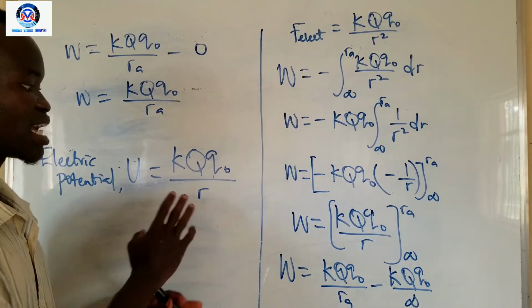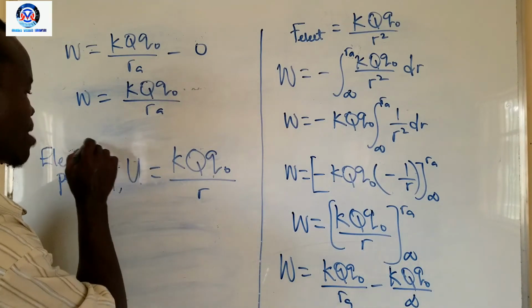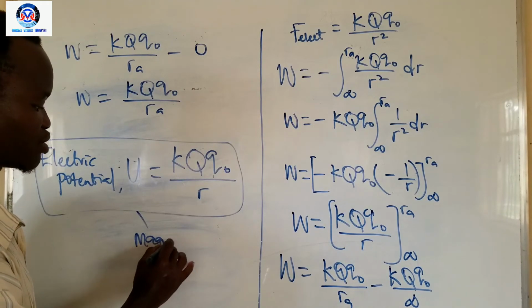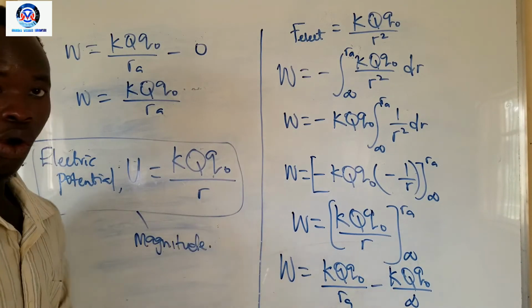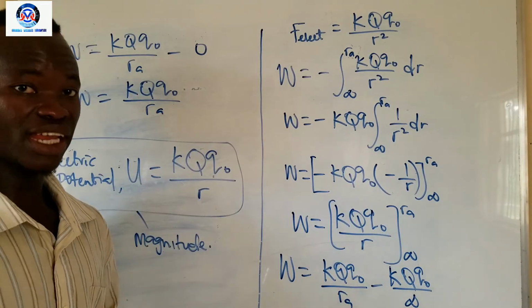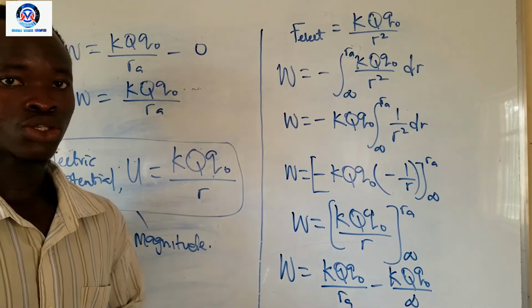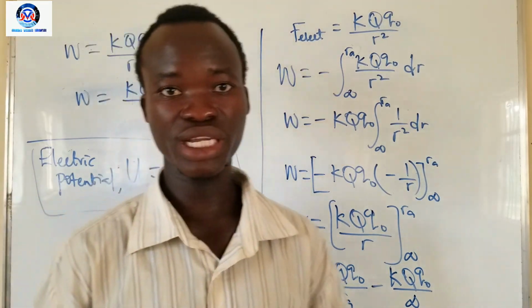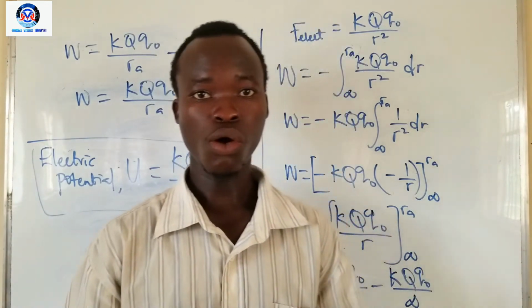So we can generalize it as R. And this is the magnitude of the electric potential energy of a charge. So here comes the end of the concept of electric potential energy of a charge.